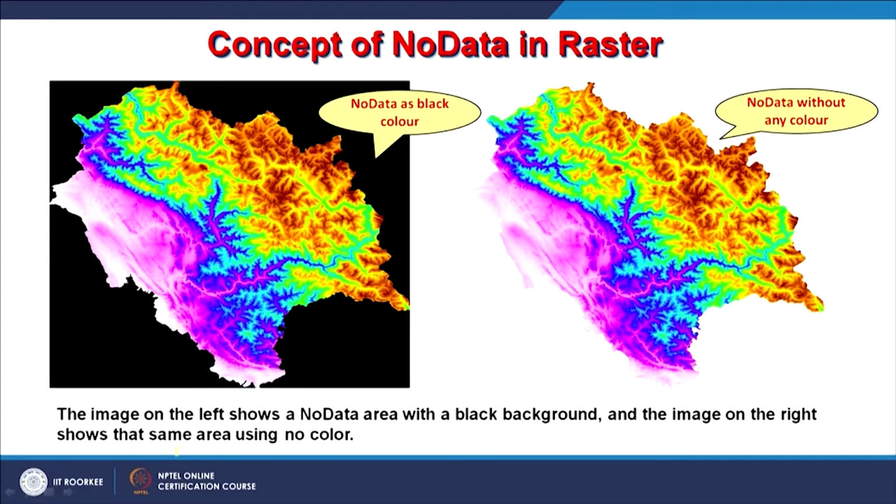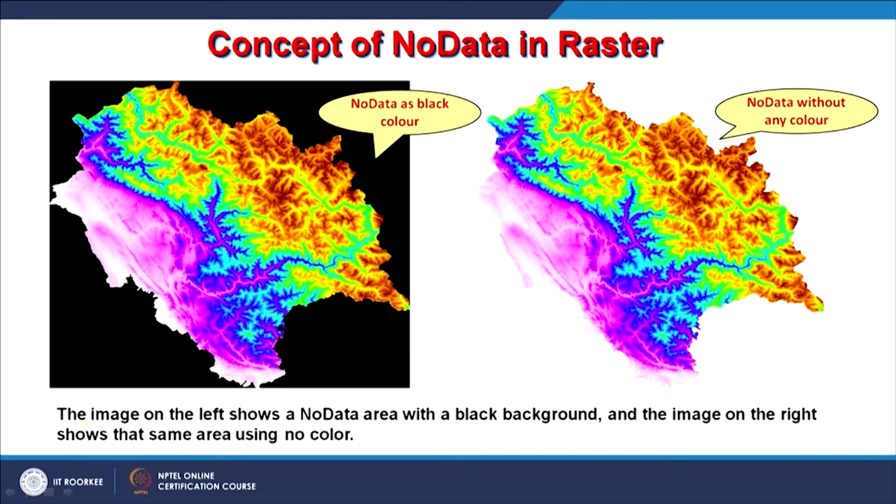So, we can change that value, and we can say that if the value is no data, assign white color. It mixes with the background of my screen, like on the right side which you are seeing. Here, the user or whoever is visualizing such a data set will not experience those black areas, and will not feel that it is either rectangular or square. He would only see the arbitrary boundary.